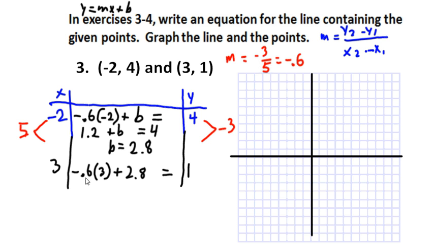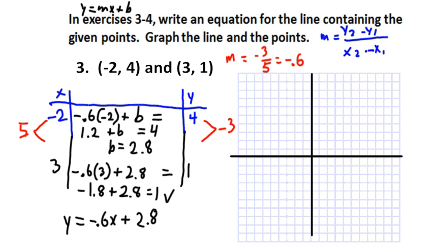Well, negative 0.6 times 3 is negative 1.8, plus 2.8 does equal 1. Check. So we know our equation is y equals negative 0.6x plus 2.8.